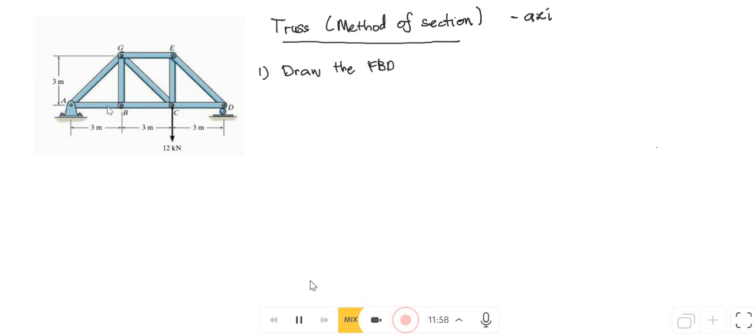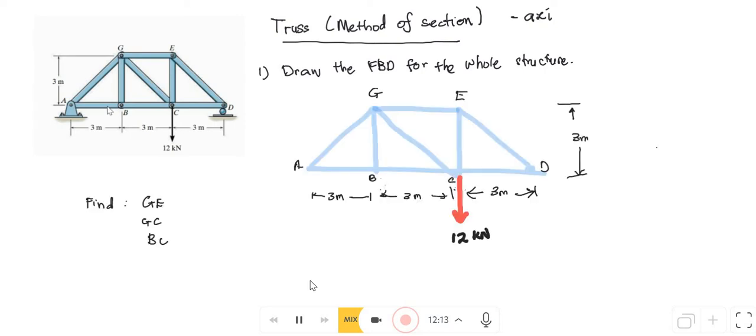Okay, I have drawn the FBD for the whole structure, except that I did not put the support reactions.